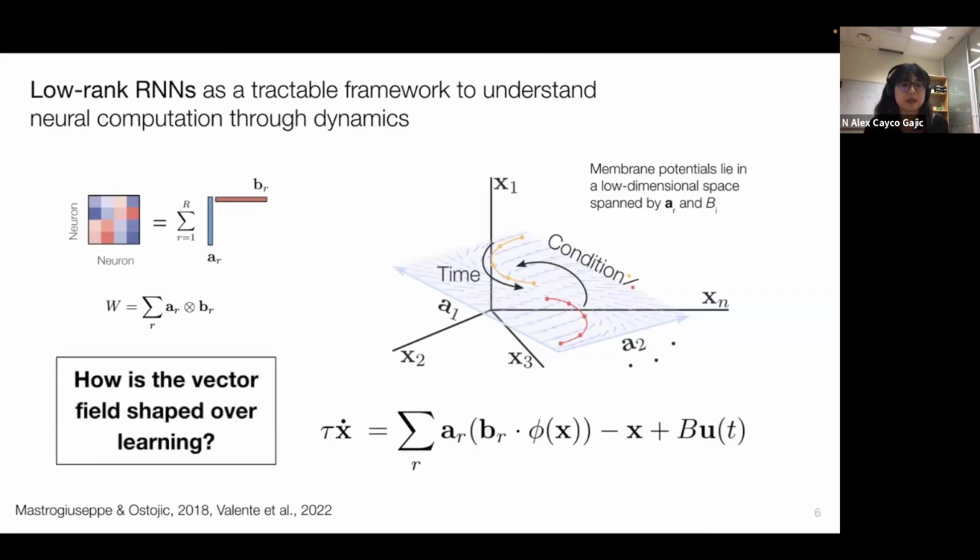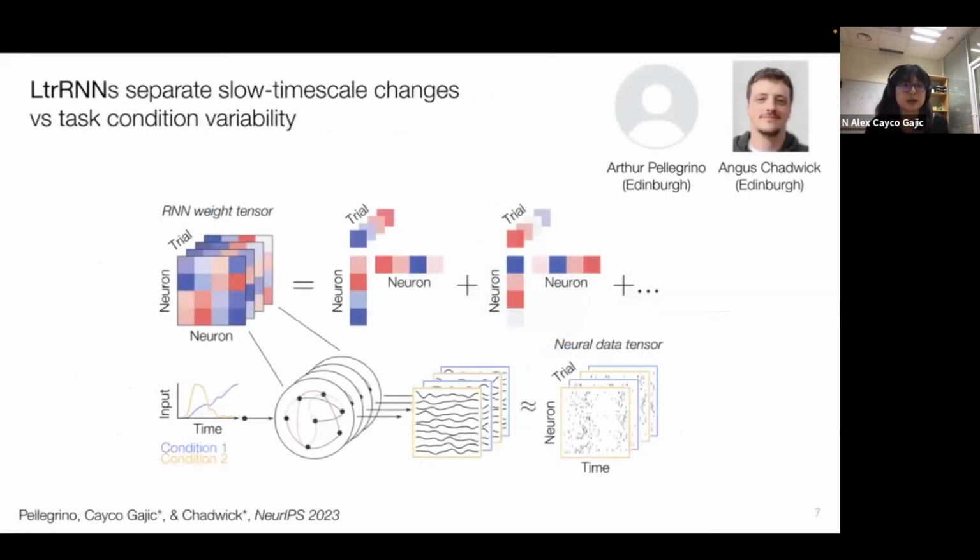And so the way that we connect this to learning is to make this constraint that the weight tensor is low tensor rank. So this is the full model. We have a low tensor rank parameterization of the weights. So we're forcing them to be low tensor rank. And again, we're constraining the trial factors to be evolving smoothly over trials, because we want it to capture the changes due to learning.